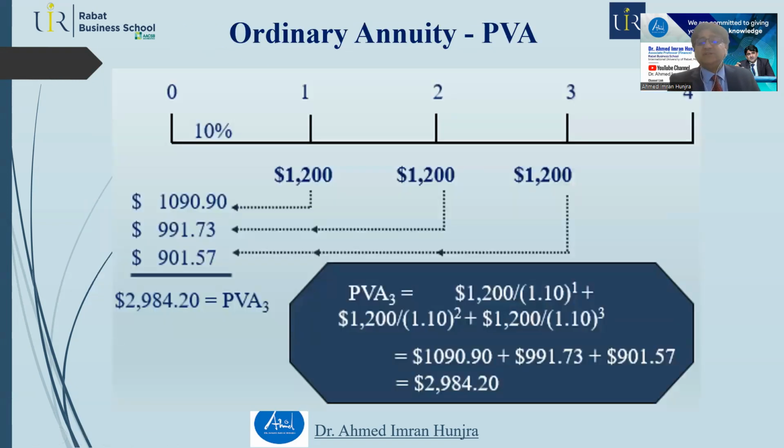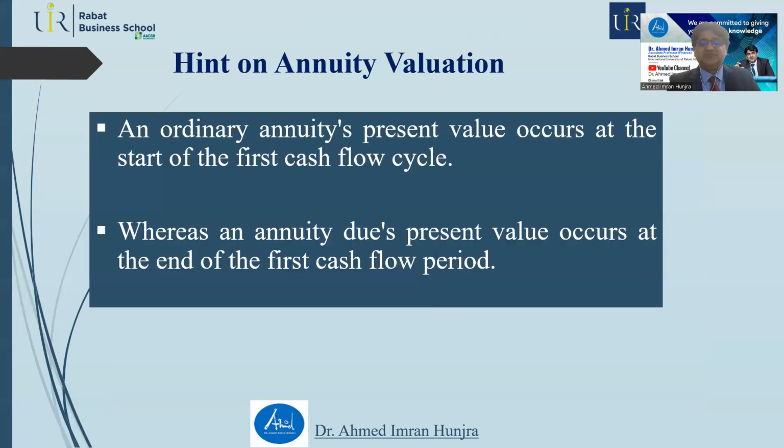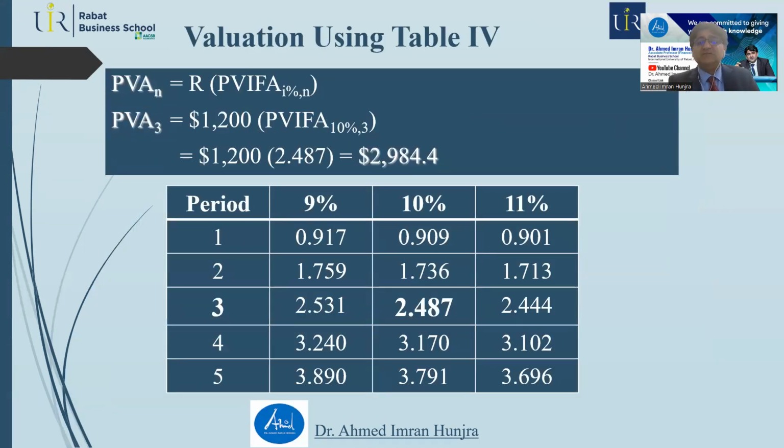If we solve manually, a single cash flow gives 2984.2. If we solve through the interest factor table, we are getting 2984.4. There might be a decimal difference. A difference in decimals means a nominal difference, due to the effect of rounding the values.